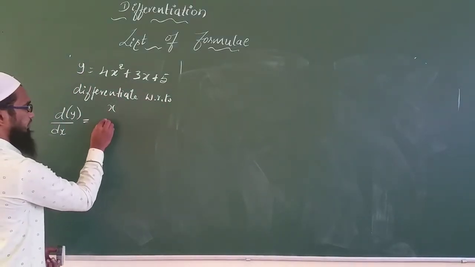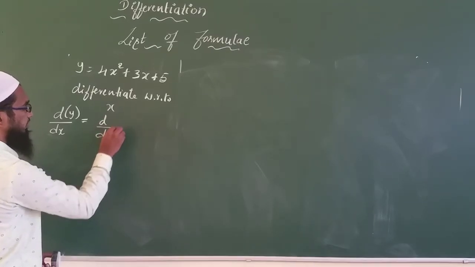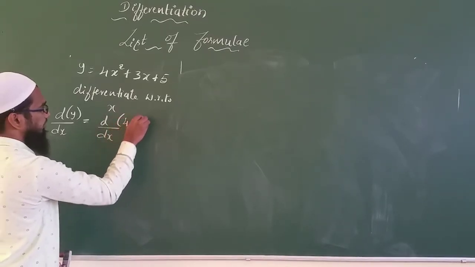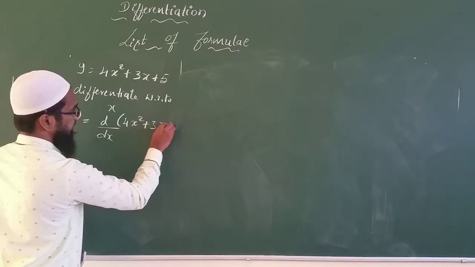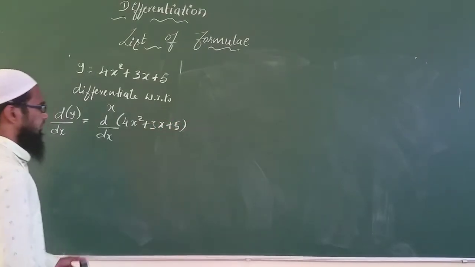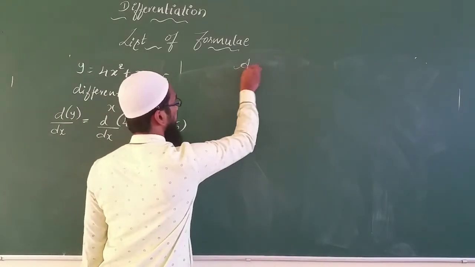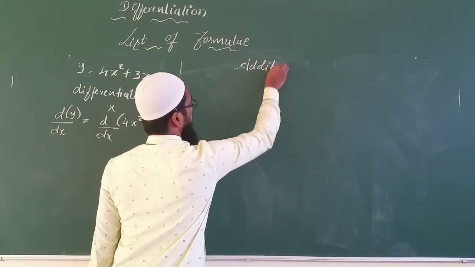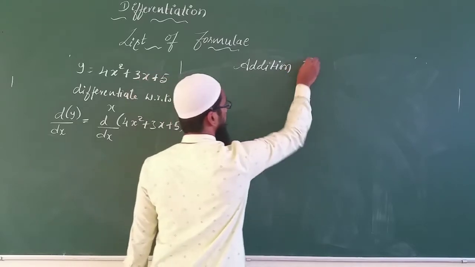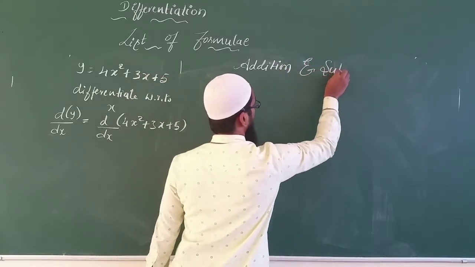The thing is I have to differentiate on both sides. So it will be 4x square plus 3x plus 5. Now, since the addition is given, this is a problem related to addition and subtraction here.